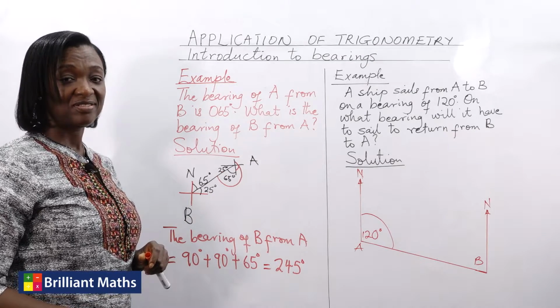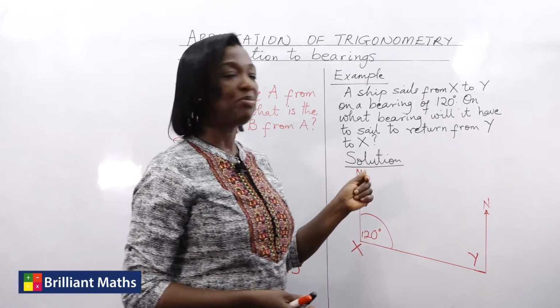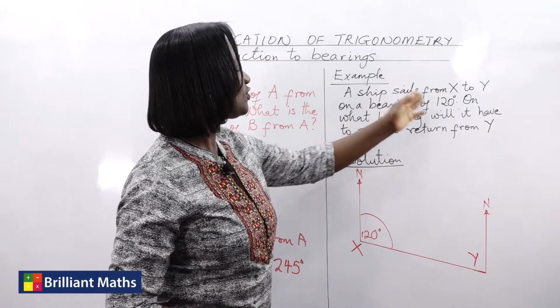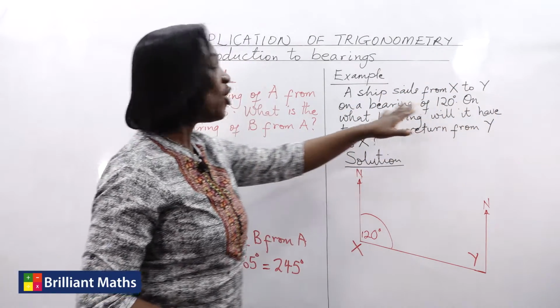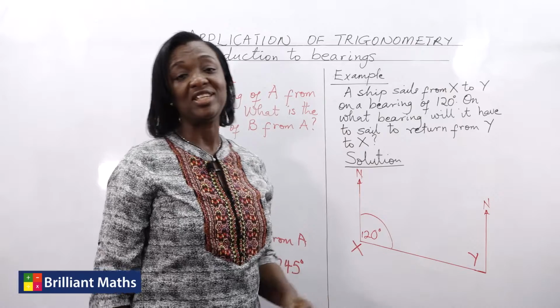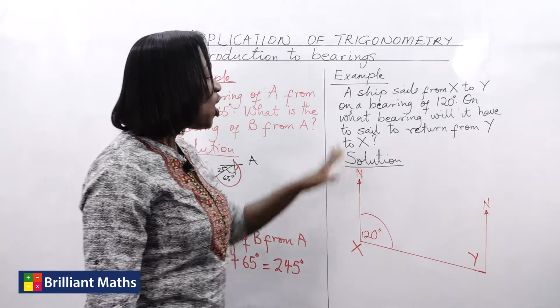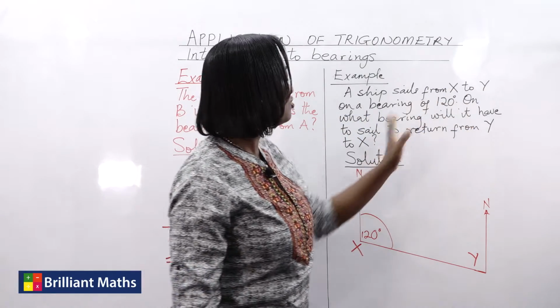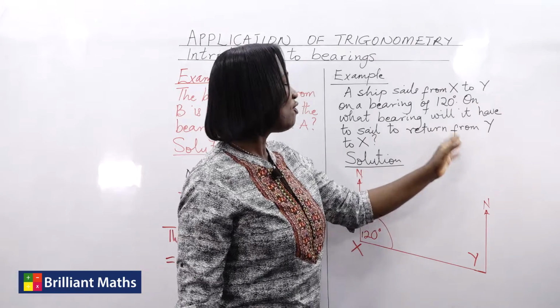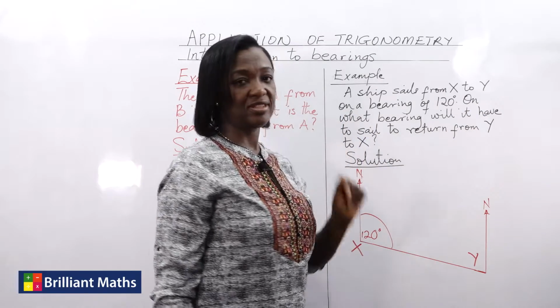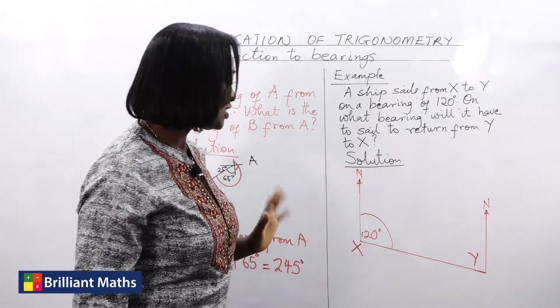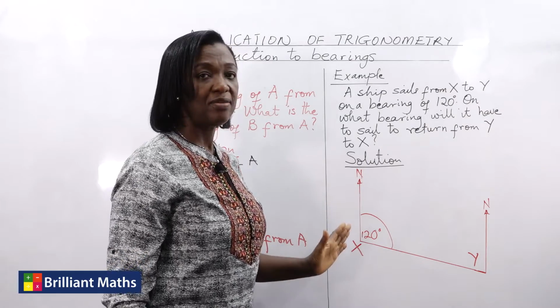Very interesting. So in this next example, a ship sails from X to Y on a bearing of 120 degrees. On what bearing will it have to sail to return from Y to X? So we look at the sketch here.